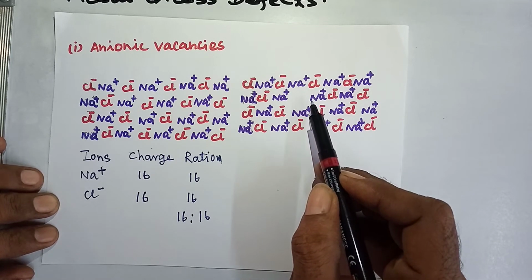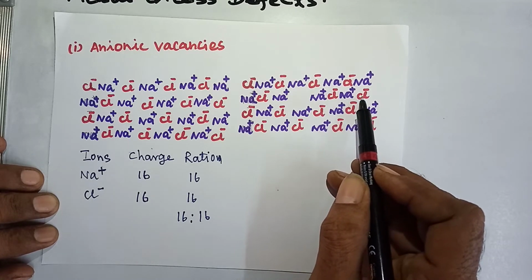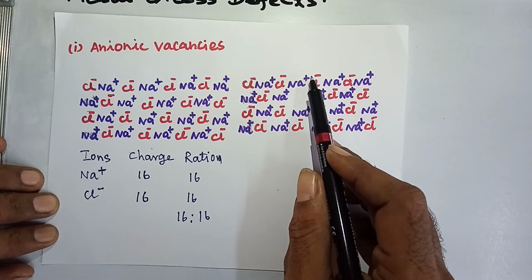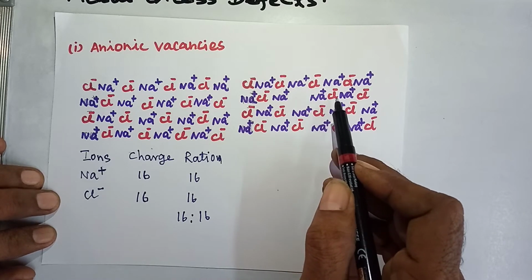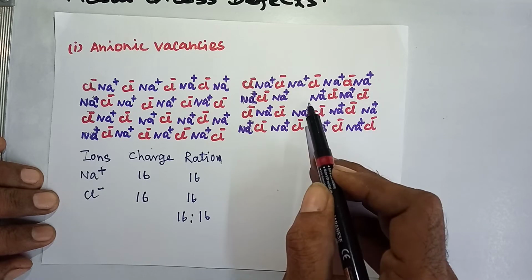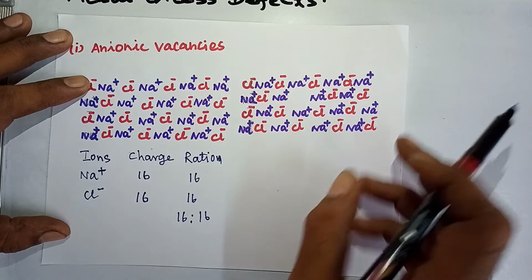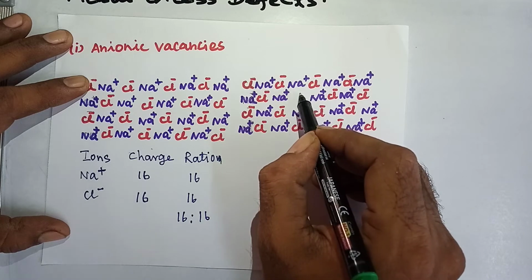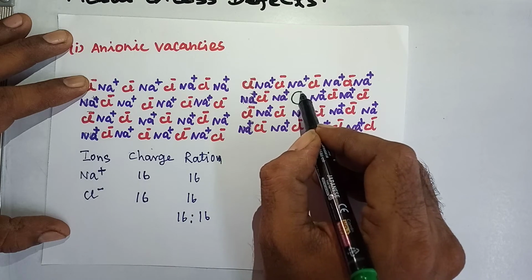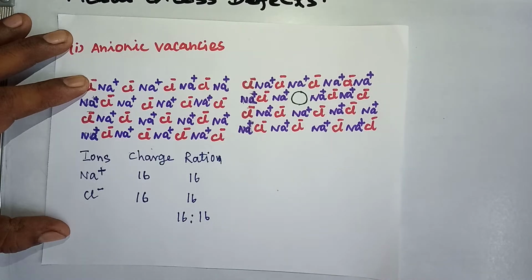For maintaining electrical neutrality, the chloride ion present in the lattice point diffuses to the surface of the crystal. Due to this diffusion of chloride ions, anionic vacancies are created in the crystal. Here one anionic vacancy is created.